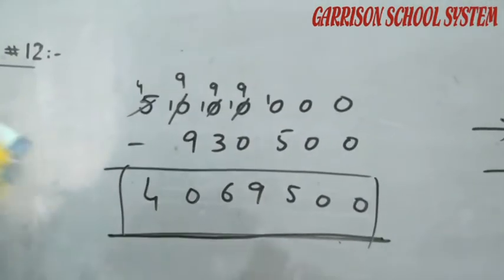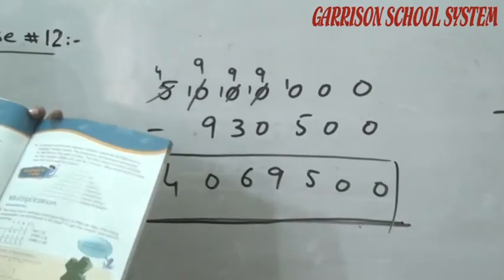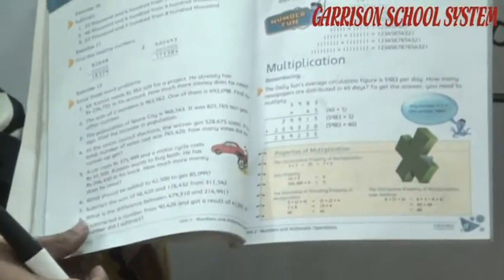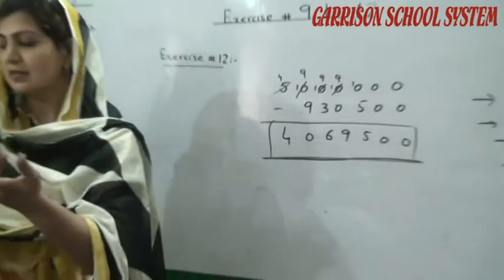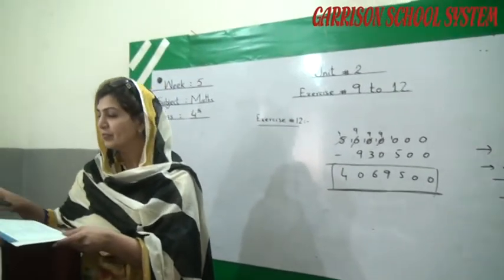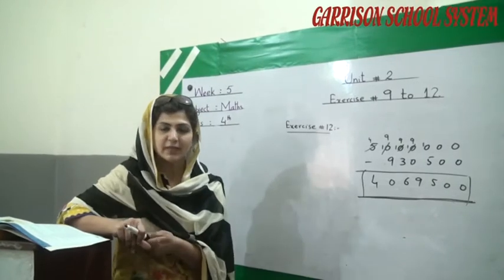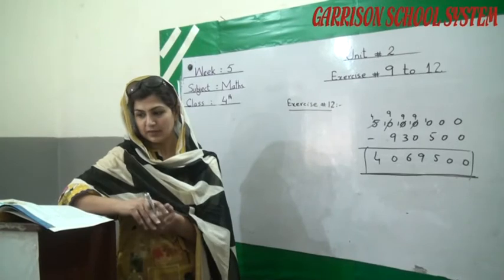So students, in this way we have done exercise number 9 to 12. The rest of the questions you can do by yourself. All the questions in exercise 12 are also so easy, just addition and subtraction. Students, notes will be provided to you through SMS, WhatsApp, and the internet.